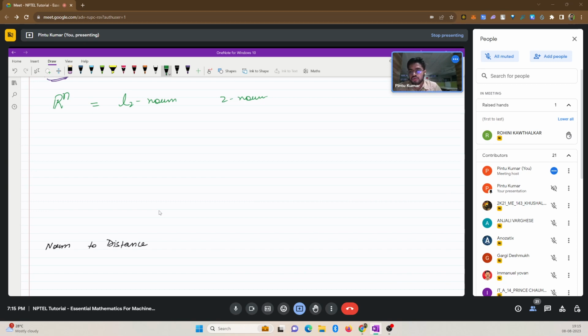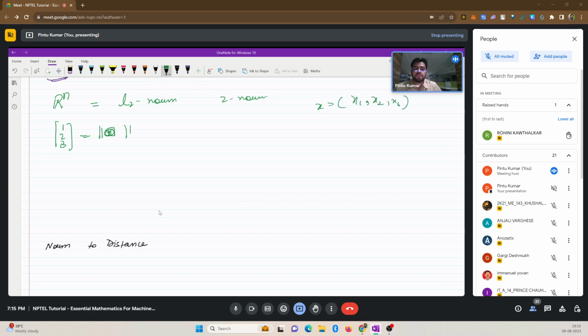So what is it? Let's say you have a vector 1, 2, 3. Then what is the 2 norm of it? Let's say you have some x which is equal to x1, x2, x3.